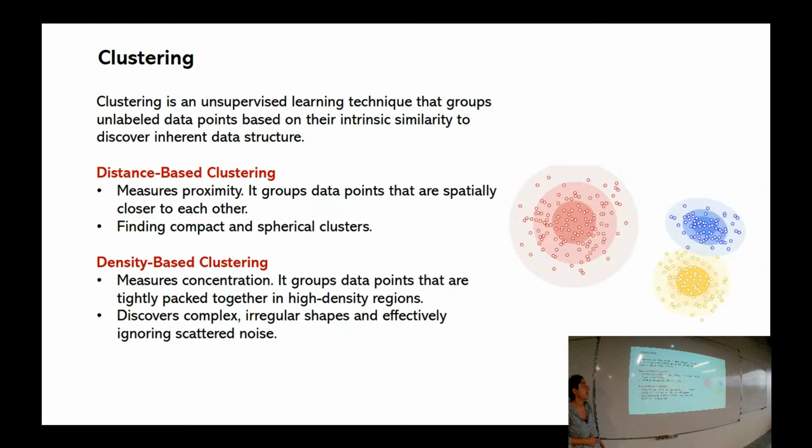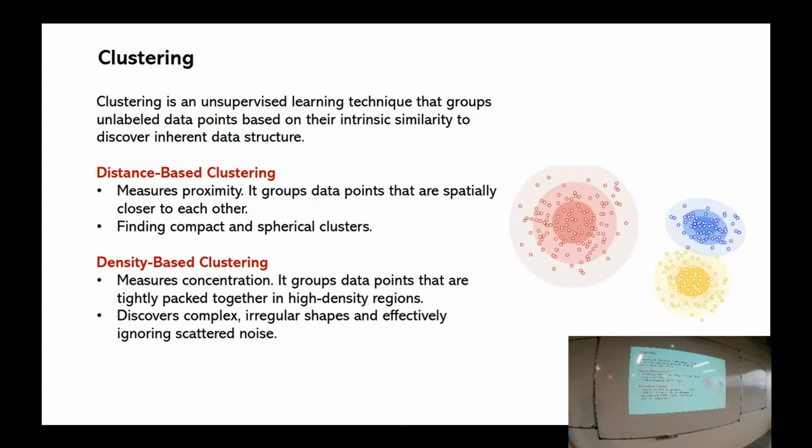Or you can have density-based clustering. This relies on the concentration of your data. So if you have some areas of your data space that are more dense with points, so there are many points concentrated there, this is highly probable to make a cluster. If you have scattered points around, they wouldn't do.